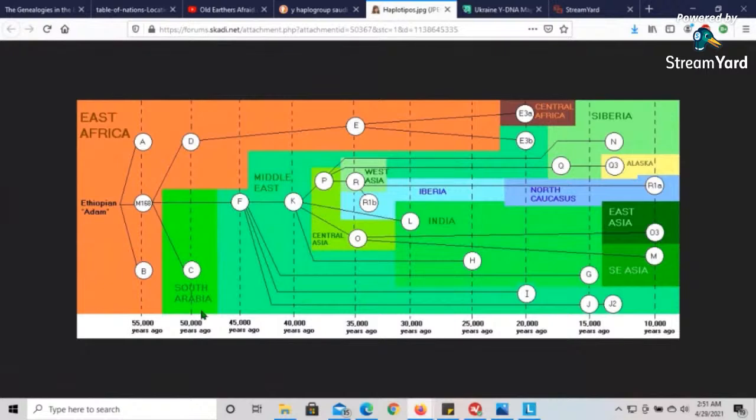Then you have the D, and the E comes off the D, which makes no sense at all because the D is the Andamanese that never even went that way. The C going to South Arabia. Maybe there are some in South Arabia, but they're more in Asia and even all the way to America. The F is a population in and of itself. You have G, H, I, and J, and then J2 is Judaic.